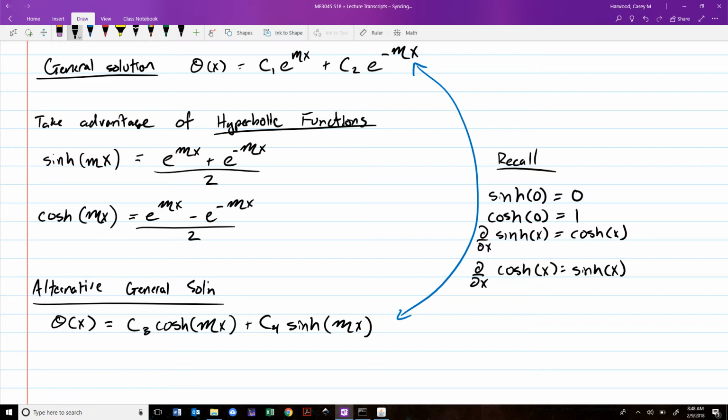Which basically means that when we're evaluating the temperature at the base, x equals 0, it's going to completely knock this term out. And if we're trying to evaluate something about the slope of the temperature, for example, a rate of conduction, then our sinhs and coshs lend themselves very well to taking the derivatives.